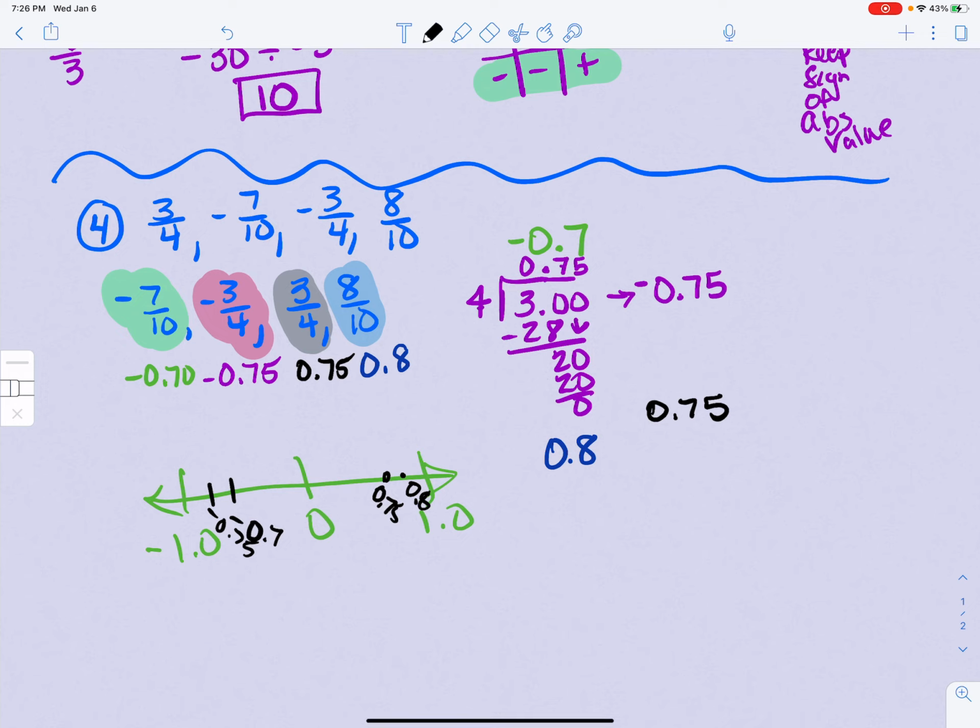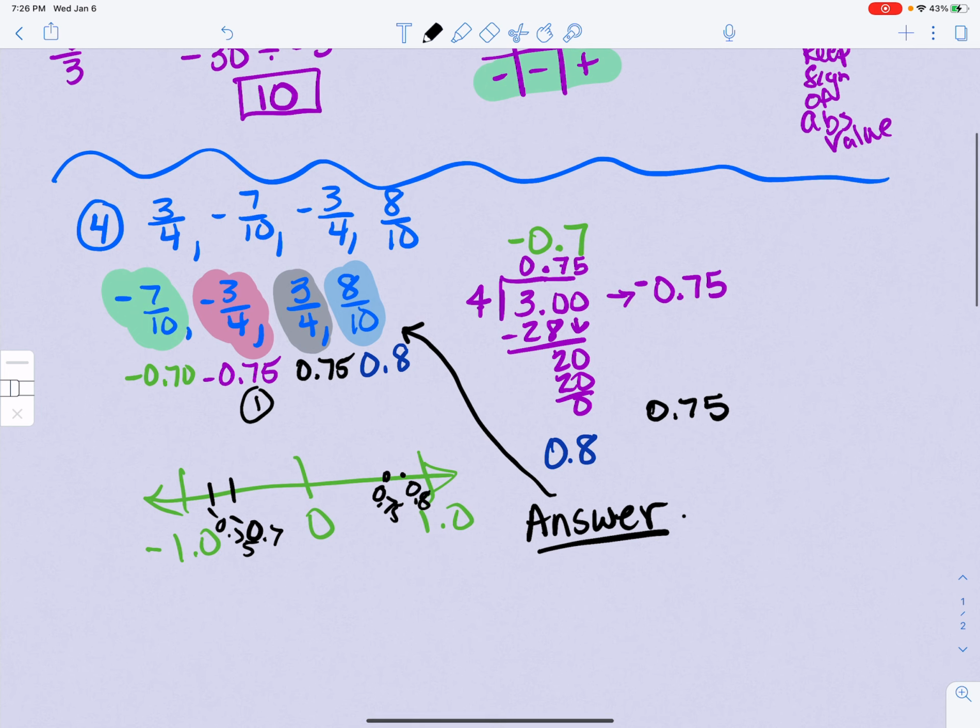So we almost had them in order as the way that it was given. So the answer that we have to type in, remember, has to correspond with the fractions that we started with. So it will be, this one is first, negative 0.75, negative 75 hundredths.